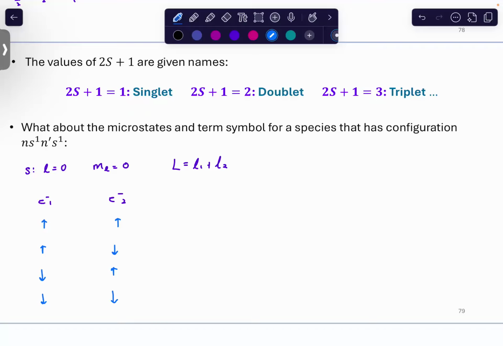And I can have this one. So we're going to get plus 1/2, plus 1/2; plus 1/2, minus 1/2; and so on. And because they are different subshells, these are all unique.